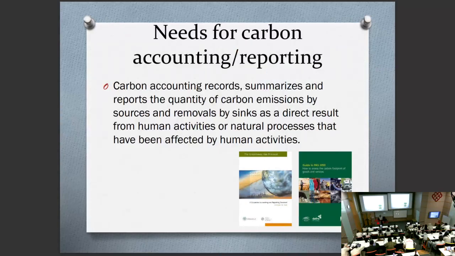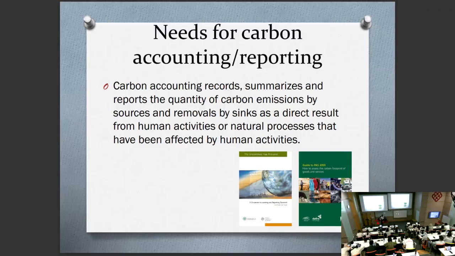Okay, so there are needs for carbon accounting and reporting. Like if we have pledged to the Paris Agreement, then we need to assess and report our carbon footprint. And we need to follow some standard. Every country should follow the same mechanism, the same logic, so as to measure and report the carbon footprint.